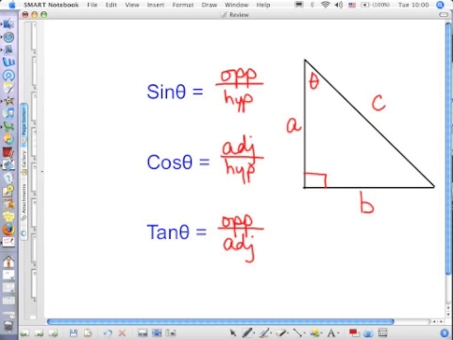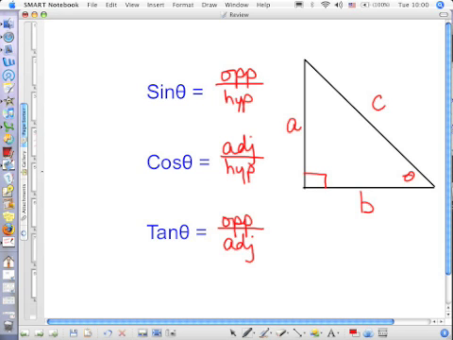B. Which side is adjacent? A. Okay? And C is always the hypotenuse. If I change theta to this angle, B is no longer the opposite because in relation to theta, B is now adjacent to theta. And A is opposite of theta.